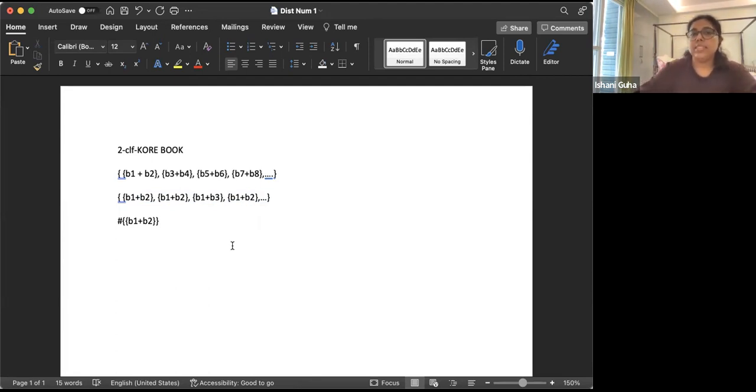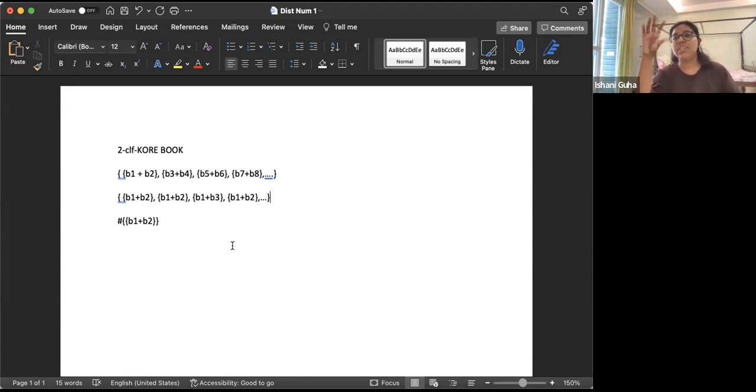But the basic point is that a distributive numeral can be used only when it is felicitous to allow for this possibility of difference, right? Only when you can allow for this possibility of difference. Whether it is 2 books or 127 books or 1 book doesn't matter.